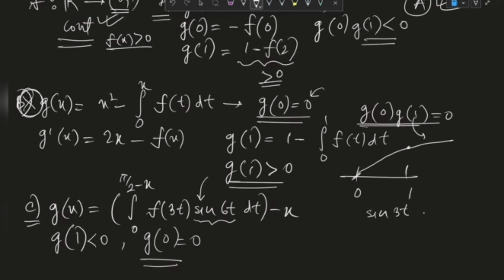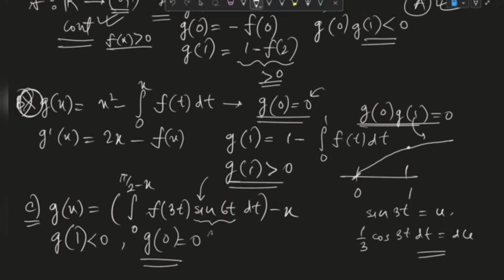If we differentiate this, du becomes 3 cos 3t dt, and after that, if you substitute the limits, it will come out to be 0 to 1. And then you can easily solve.